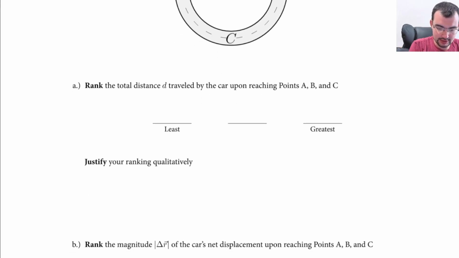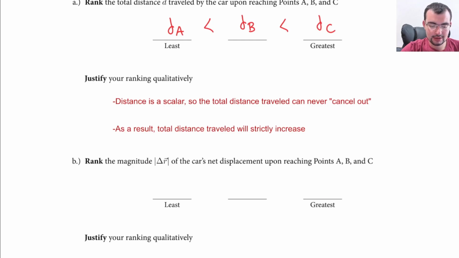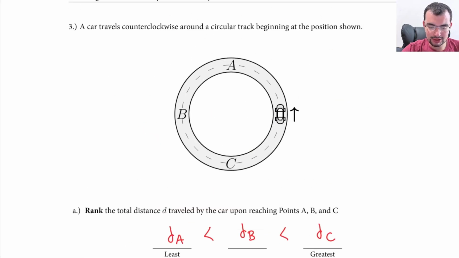We can say that it has traveled the least distance at A, then a bit more distance when it's gotten to B, and then more distance again. So this is really just as simple as saying distance is a scalar, so distances can't cancel, and it's always strictly increasing. Now, what about displacement?